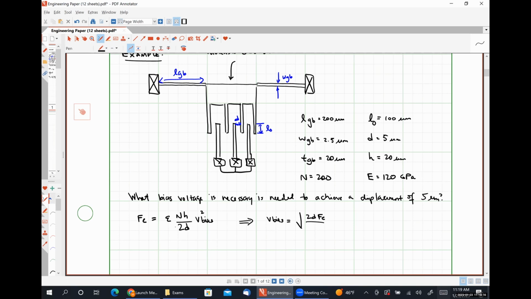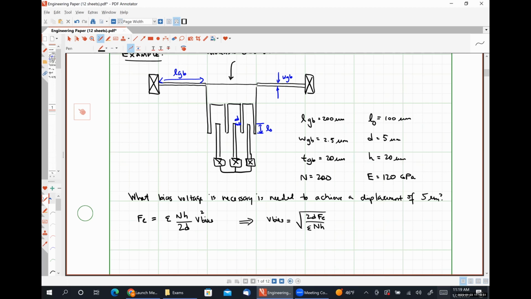Let's see, 2D, so epsilon NH here, right? So we know what D is, we know what epsilon is, we know what N is, and we know what H is. So what about this electrostatic force? Well, this is just a mechanical suspension that is being acted on by an electrostatic force, right?